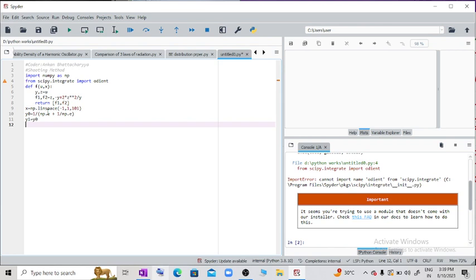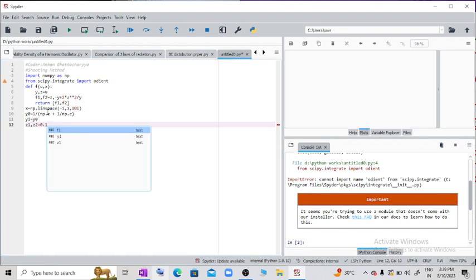Next we have to pick two guess slopes, z1 and z2, which are very close together.